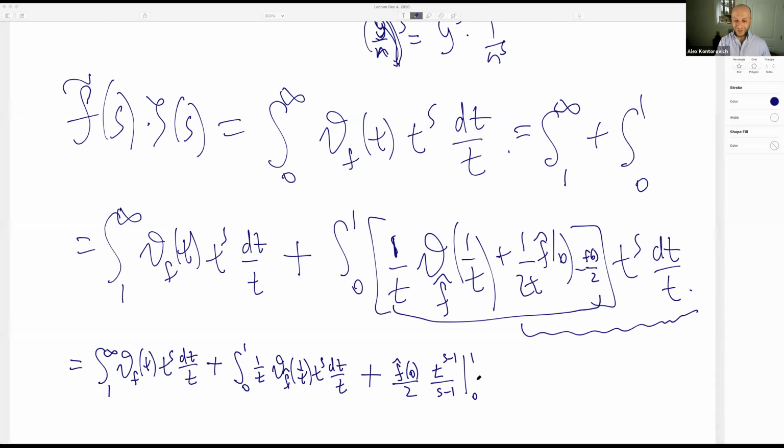That look right? Minus, now I'll do this last integral, f of 0 over 2. And now all I have is a t to the s minus 1. That integrates to t to the s, evaluated from 0 to 1. So far, so good.